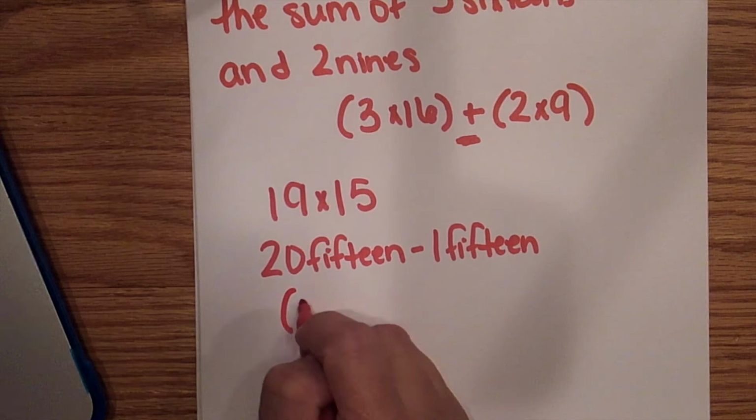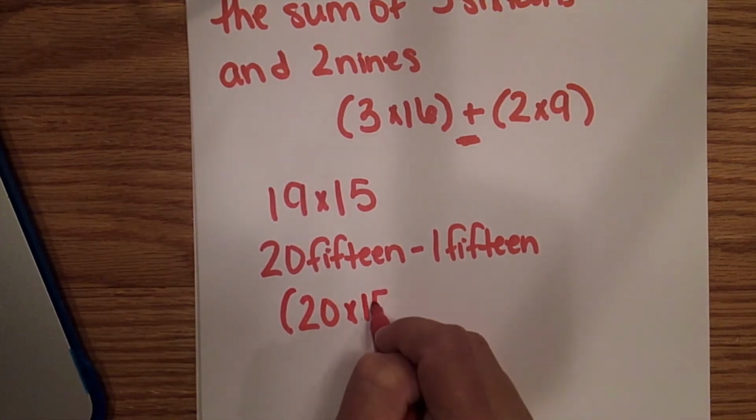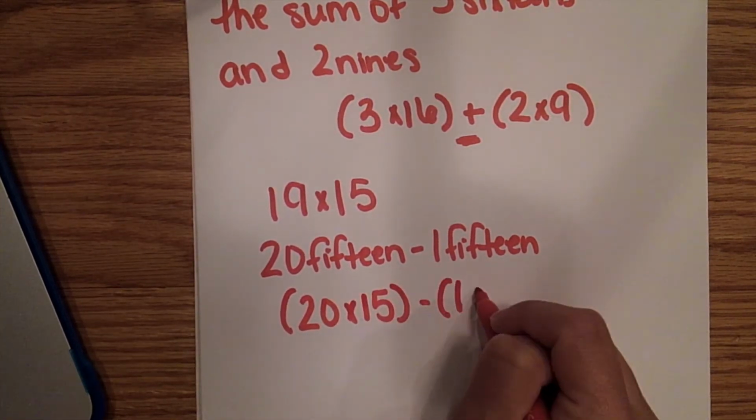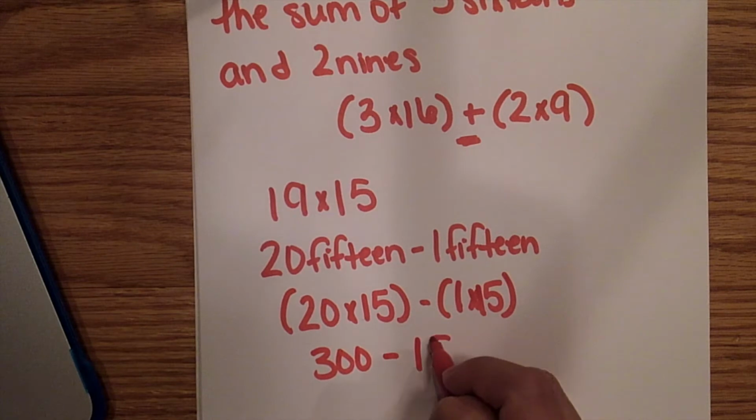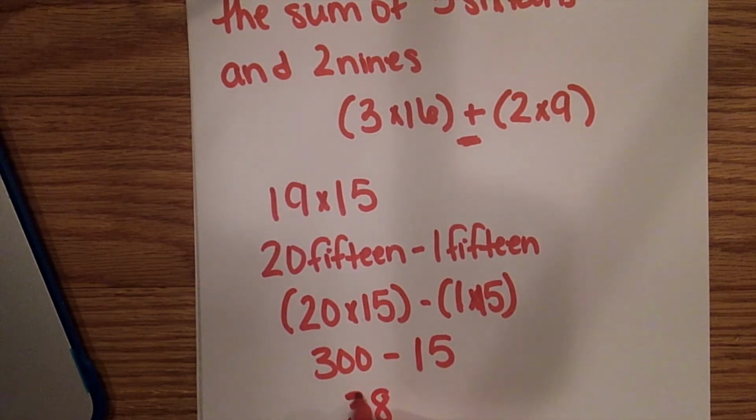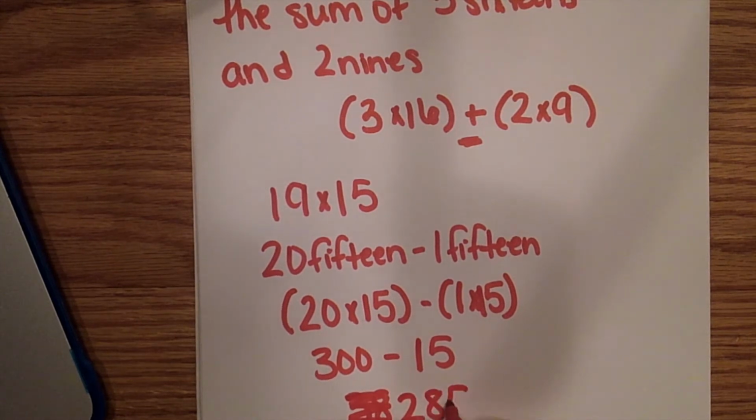So we say 20 times 15 minus 1 times 15. And 20 times 15 is 300 minus 15 is 285.